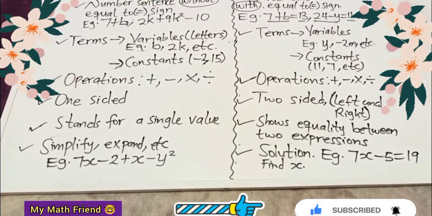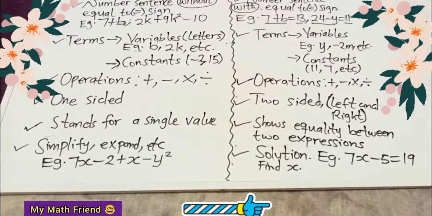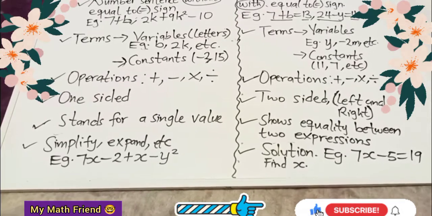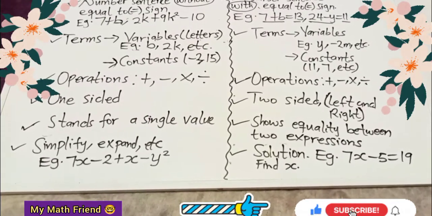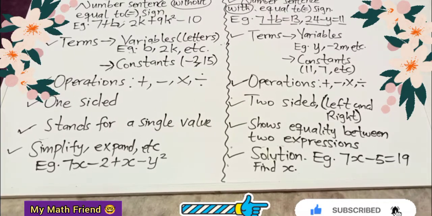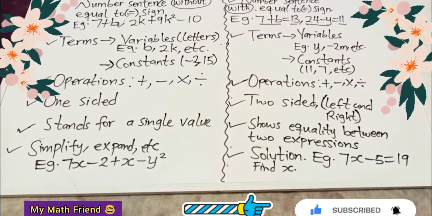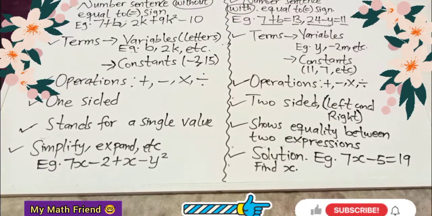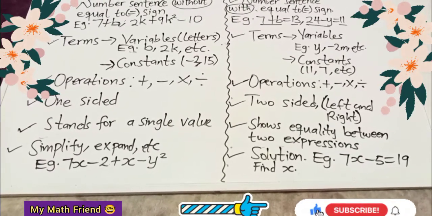So equations are putting two expressions together, separated by the equal to sign. We should note that the left side is equal to the right side. But an algebraic expression just stands for a single numeric value. At the end of the day, when the expression has been simplified, we have just one numeric value.